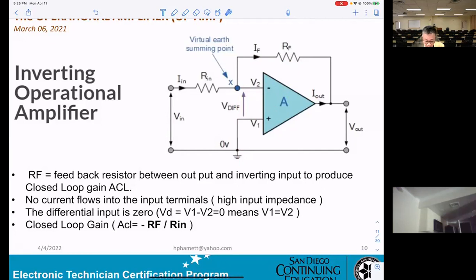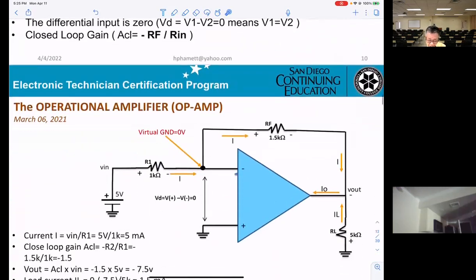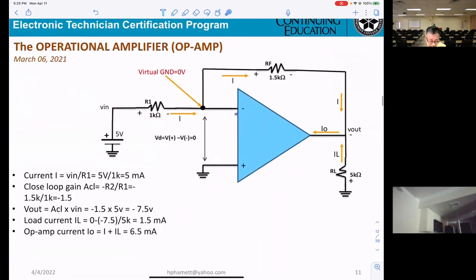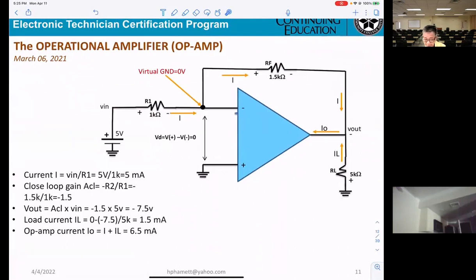And when we talk about the inverting amplifier, we'll go into more detail. In here, they already explained and proved it. First thing, you get 5 volts here connecting to the negative. That's inverting. And this point we call a virtual root, 0 volt.